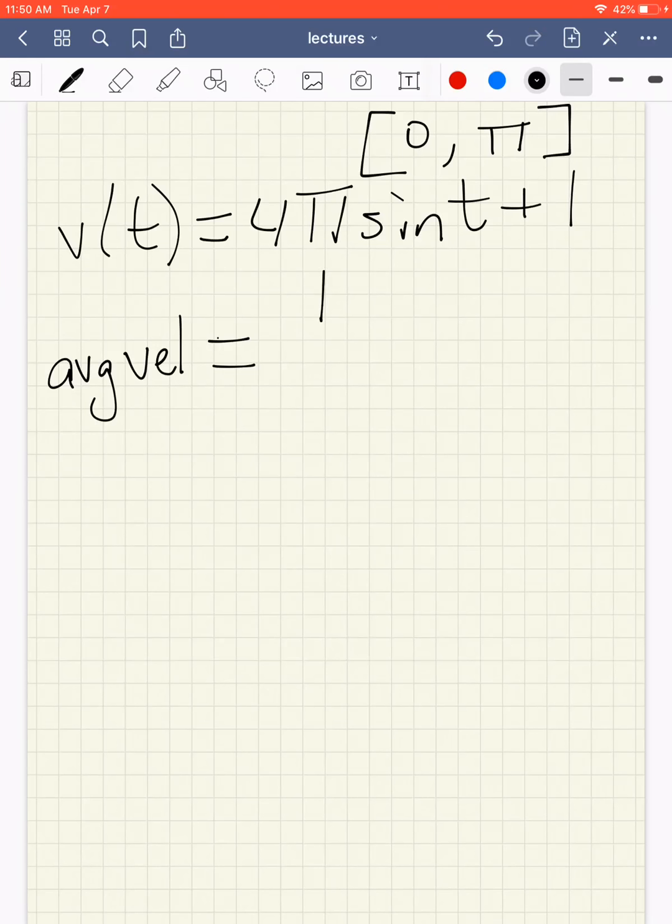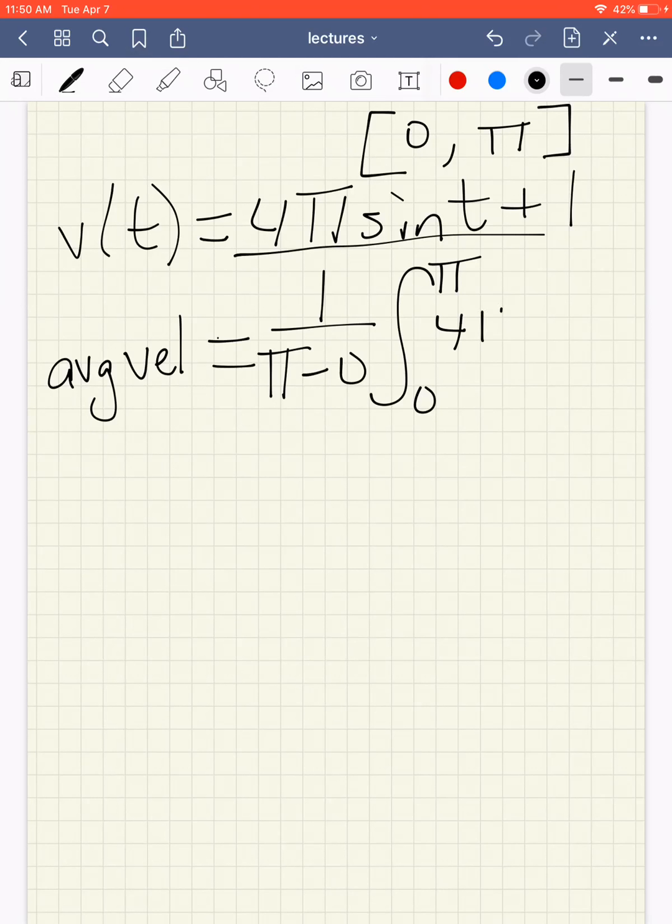So this will be 1 over b minus a, the integral from a to b of this function. So 4 pi sine t plus 1, and all of that is times dt. Don't forget that differential.